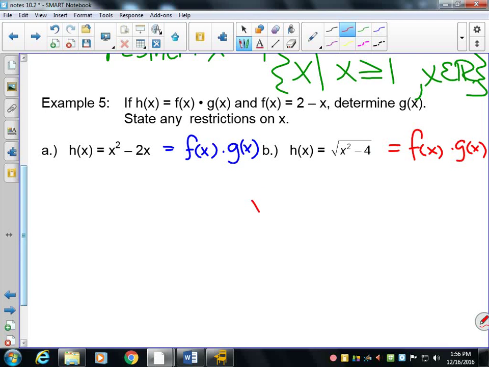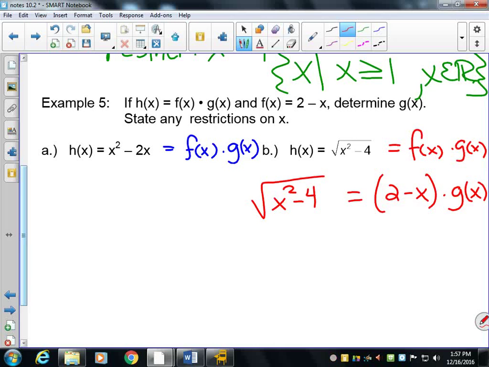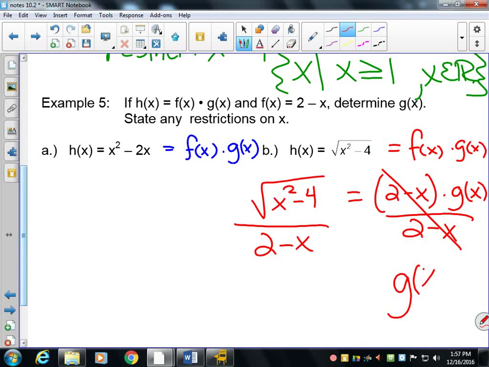So we've got root x squared minus 4 is equal to 2 minus x times g of x. Divide by 2 minus x, right? Just like we did before. So we get g of x.